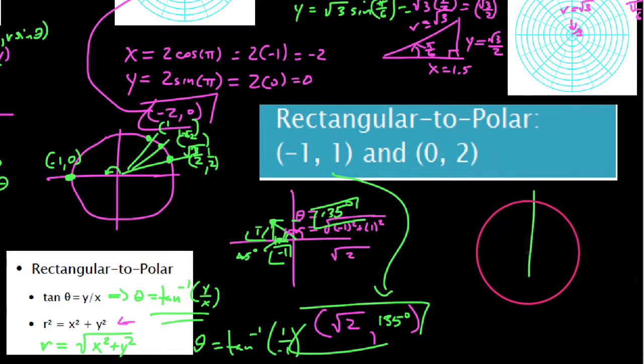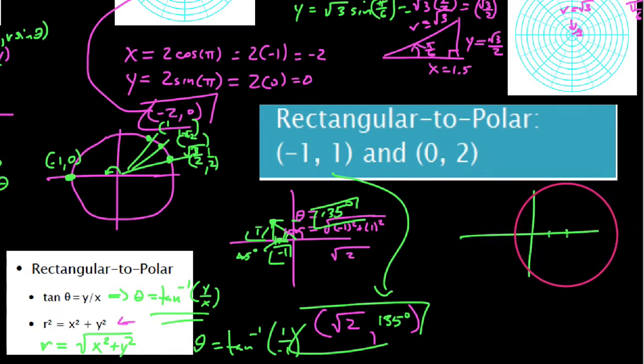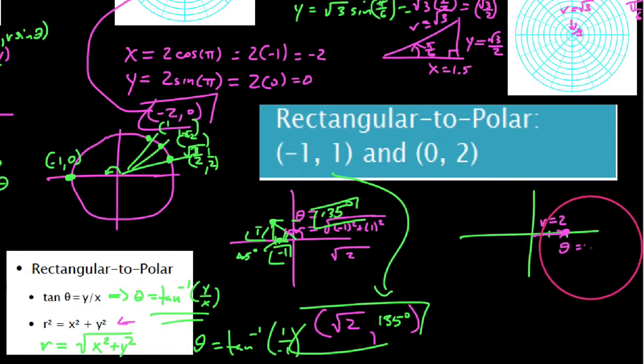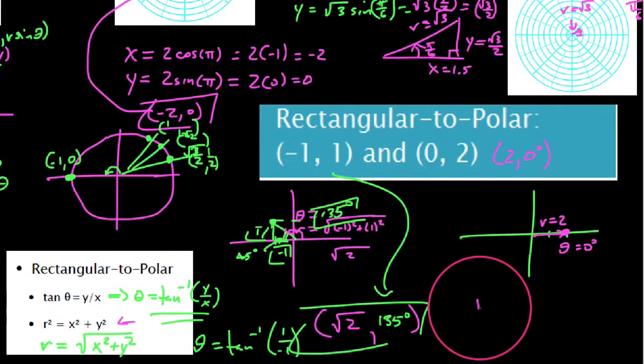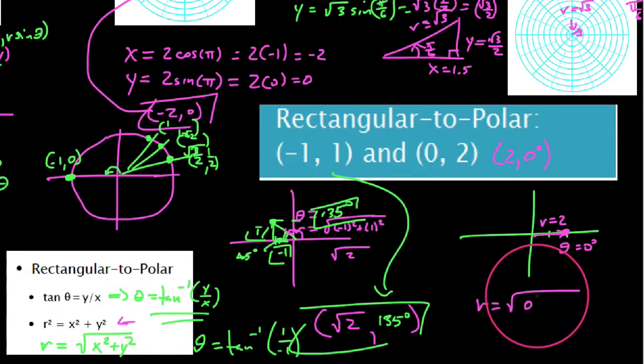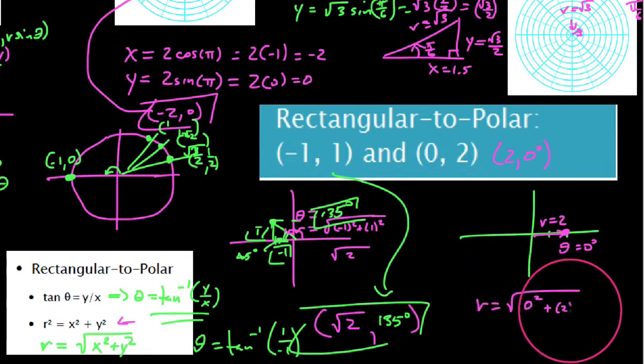And again, the point 0, 2. I just want to bring this one up because if you go 2 up from the origin right here, what point is this? We already know that r is going to be 2, and we already know that the direction angle here is 90 degrees. But again, if we say r is the square root of x squared plus y squared, you get 0 squared plus 2 squared. I should really be putting those in parentheses.